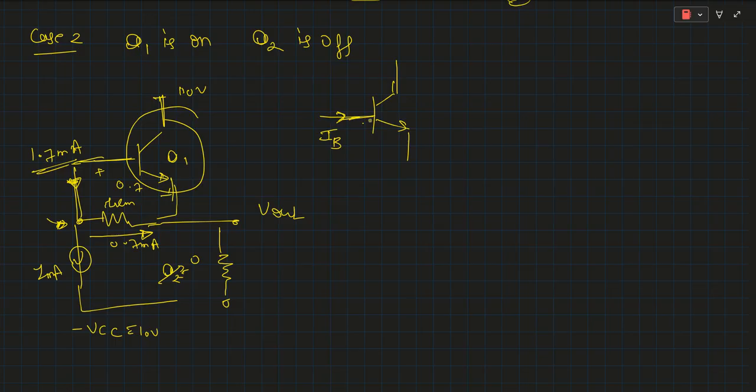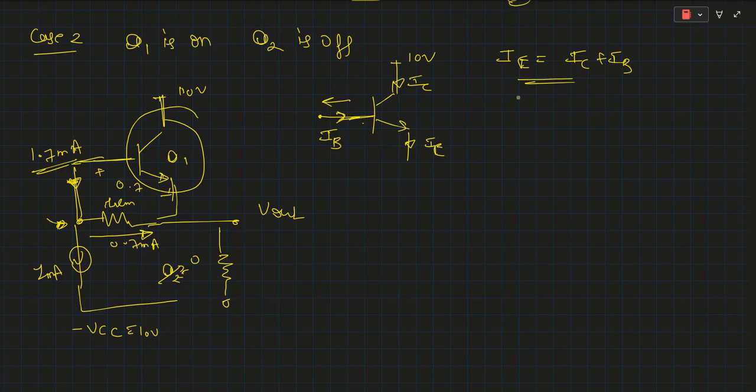This is our 10 volt supply. This is the IC current, and this is the IE current. Then the transistor equation is always satisfied, which is IE is the combination of IC plus IB.